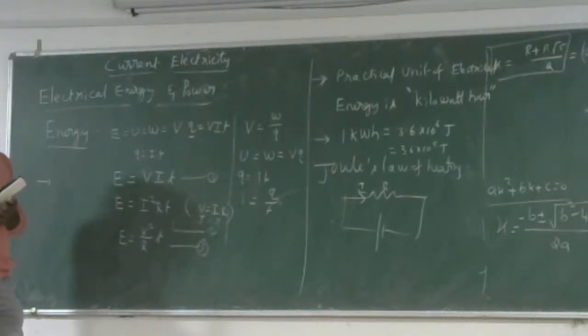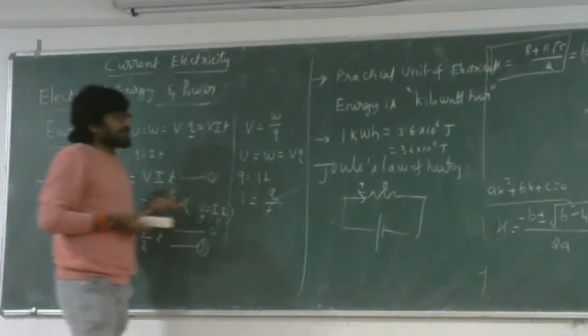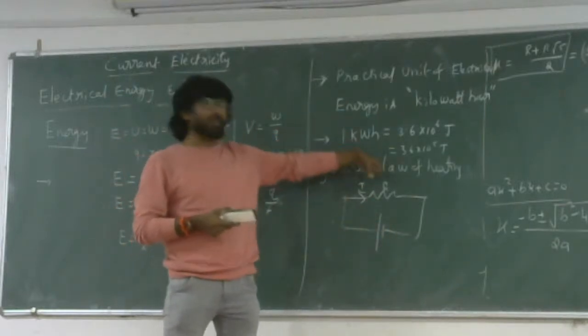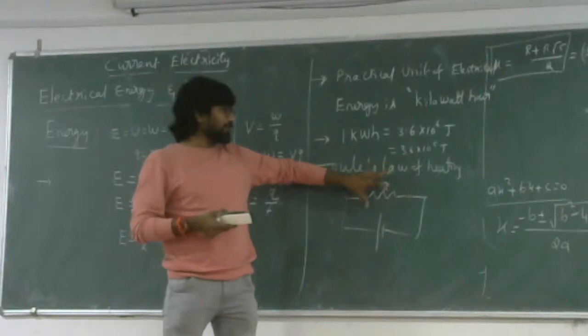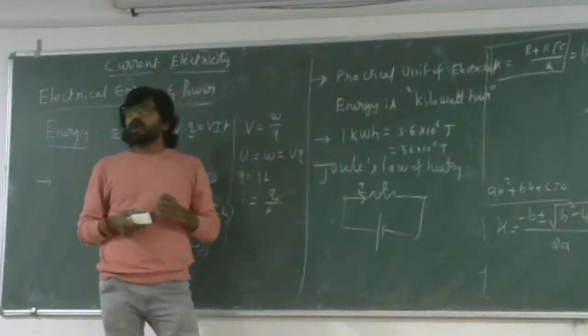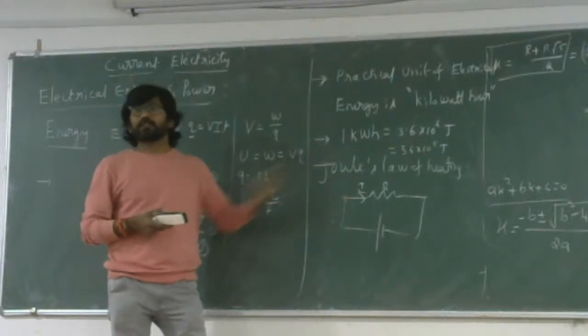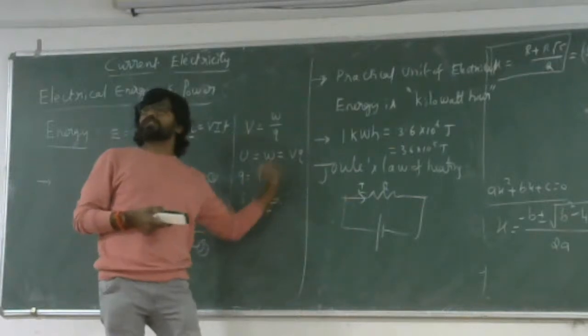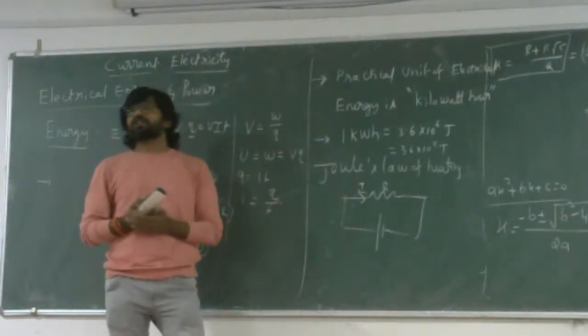But when heat is produced, energy is drawn from the battery and burned here. To do this, some work has to be done to bring that energy here. The rate of doing work in bringing that energy is called power.